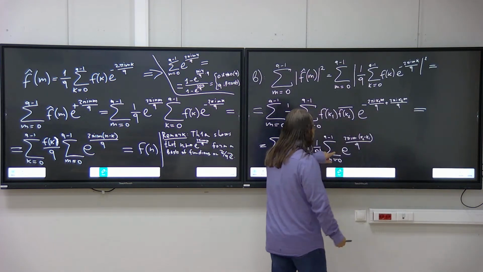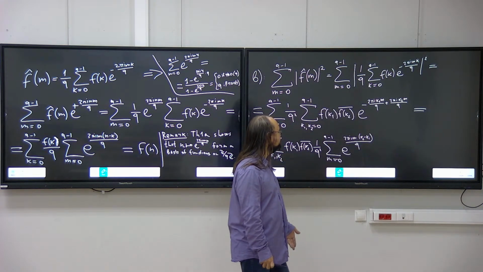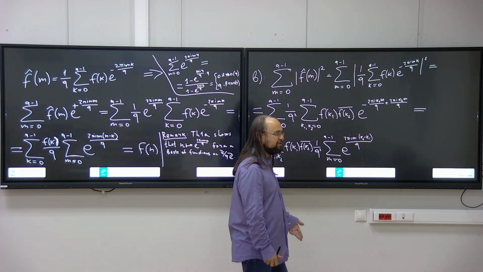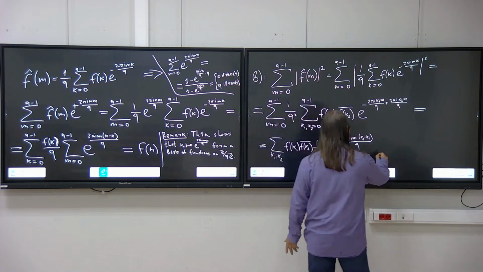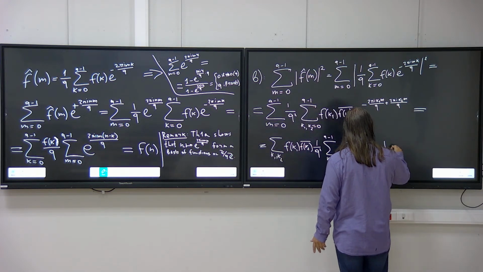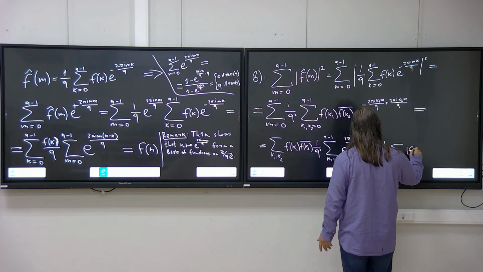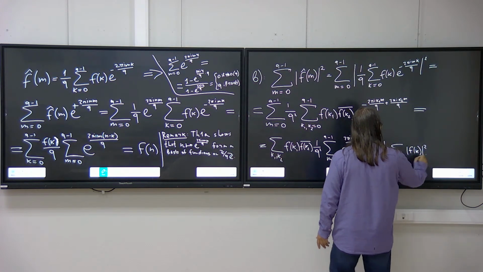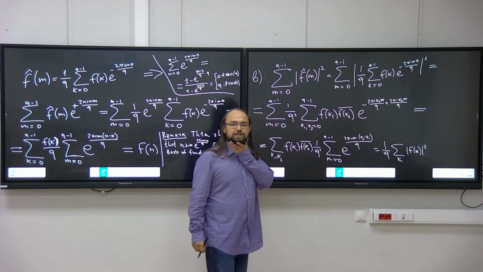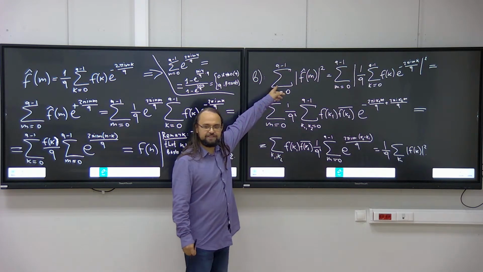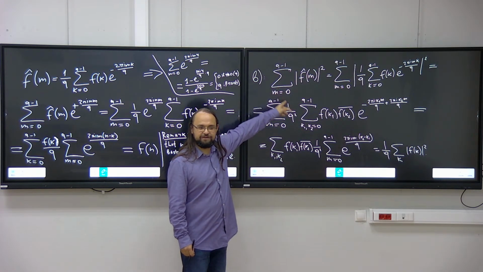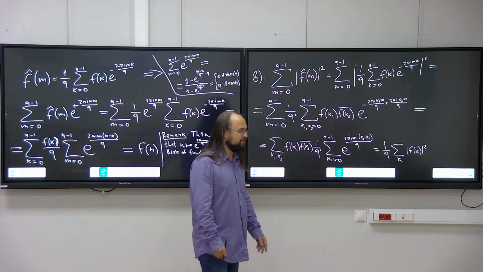Okay, so this sum is equal to q if k1 is equal to k2 and 0 otherwise. So you get 1 over q, sum over k, f of k squared. We got 1 over q. Yeah, but you have sum of Fourier transforms on the left. Yeah. So you should multiply it by q.